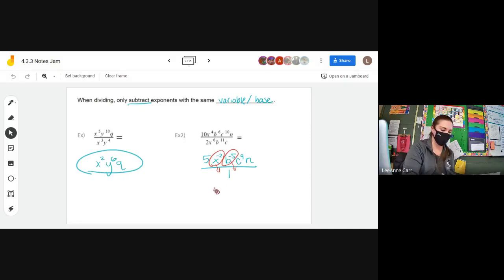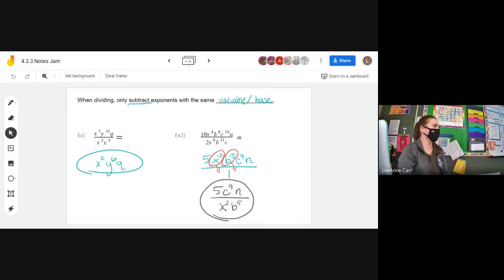So now I'm left with 5 up top, c to the 9th up top, n up top. The x and the b move to the denominator. And then instead of -2, x now has a +2. And instead of -5, b now has a +5. So just put them under, and that's the answer. So just move them to the other side of the fraction.